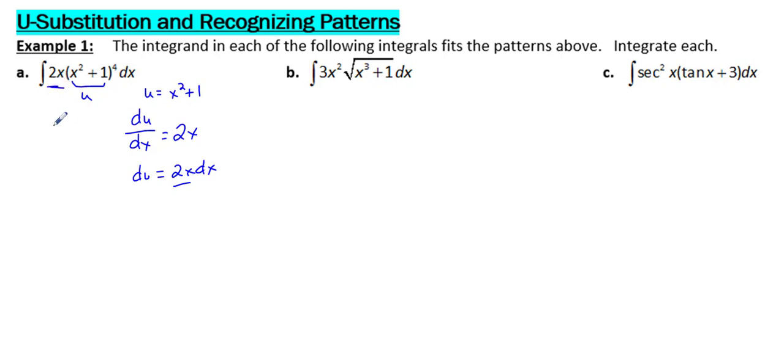Remember I said we have to have everything in terms of u? So there's 2x dx, which is equal to du. We can substitute du for both of those items. So now our new antiderivative will be the antiderivative of u to the 4th power, and then du stands for both of these, right? Du.